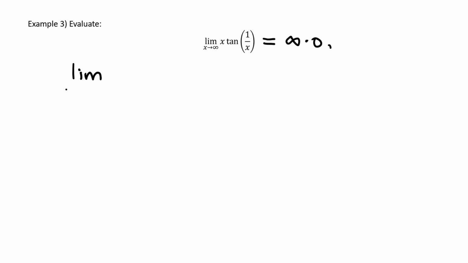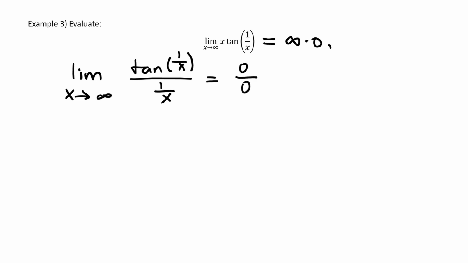So we will have the limit as x approaches infinity of tangent of 1 over x, and we can write x as 1 over 1 over x, which is equivalent. Now, when we take the limit as x approaches infinity, we will get 0 over 0. This form allows us to use L'Hopital's rule.